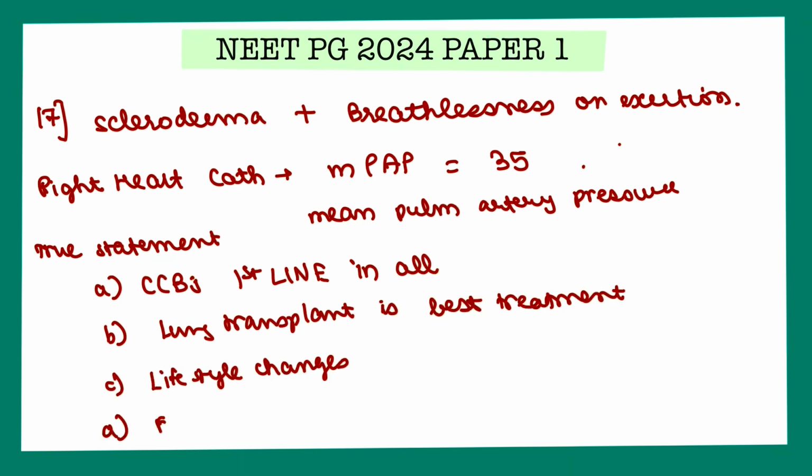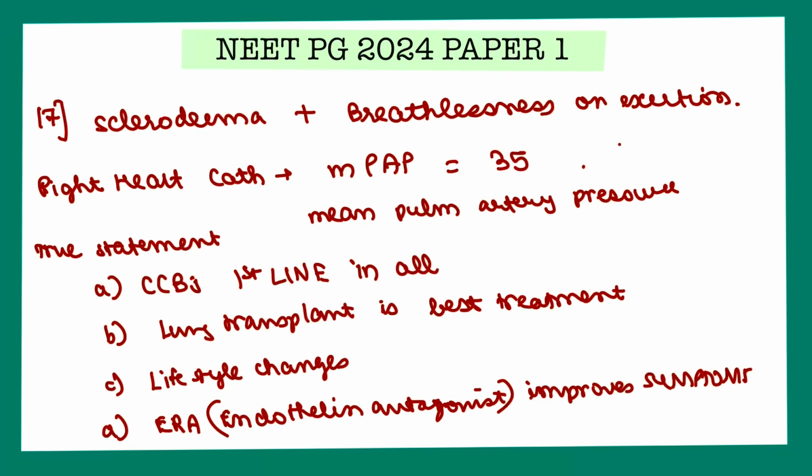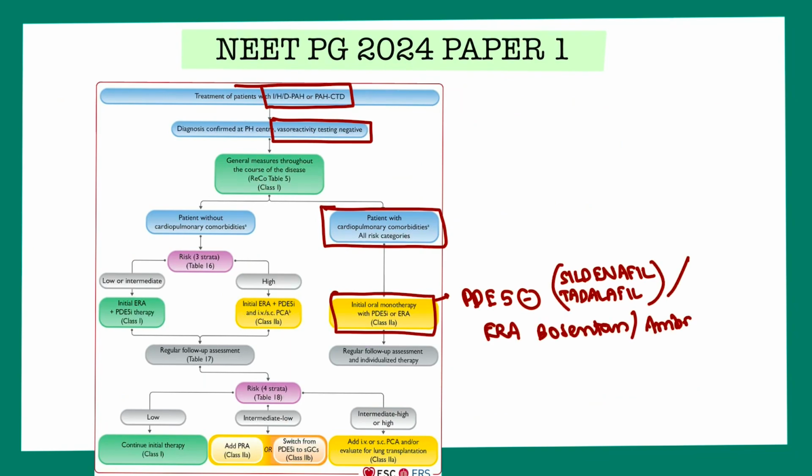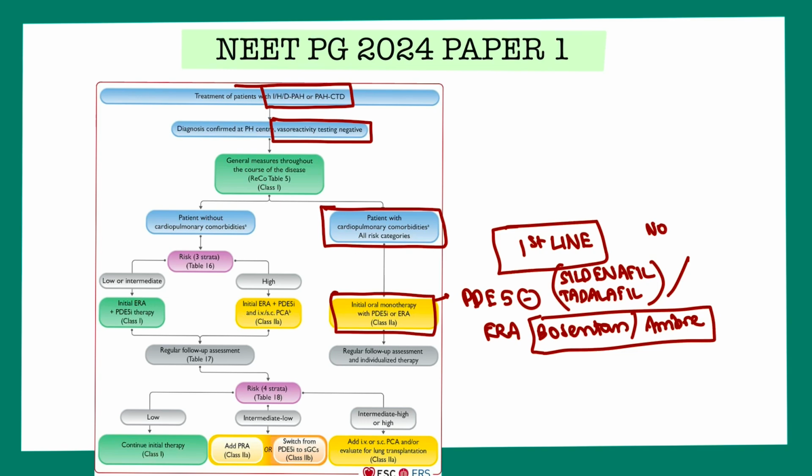True statement is CCB is first line for all patients, lung transplant is best treatment, lifestyle changes needed, and endothelin receptor antagonist improves symptoms. See, this is the ERS ESC guidelines, latest guidelines for pulmonary hypertension. First, always check for the vasoreactivity testing.